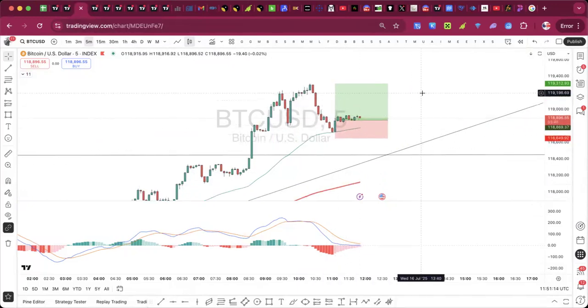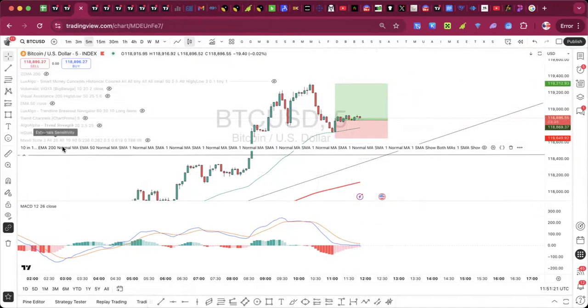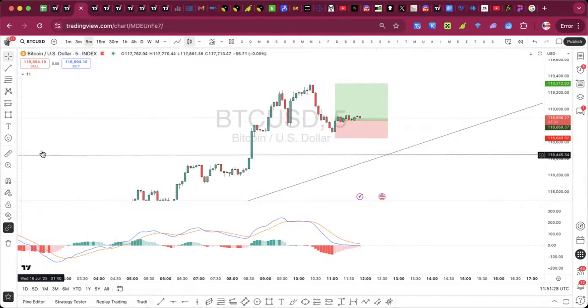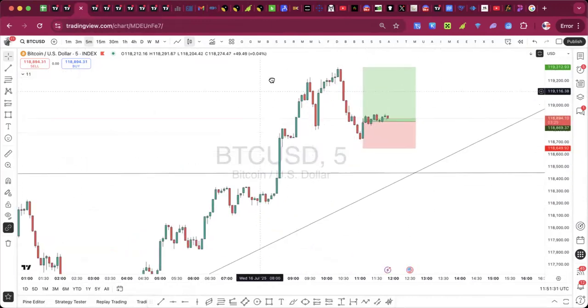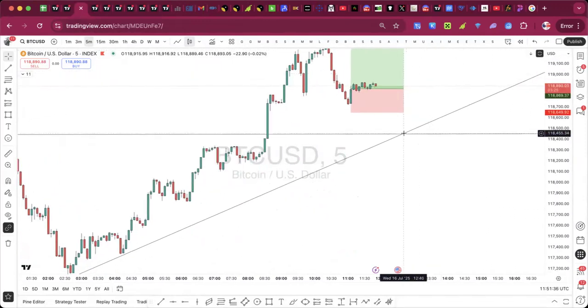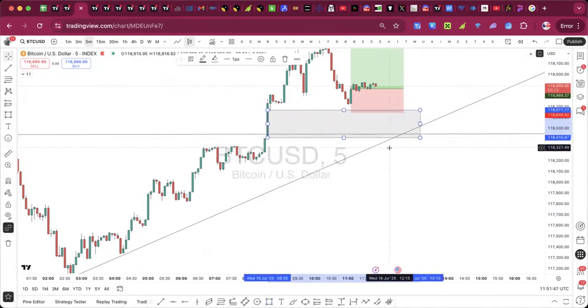But remember what I said: ordinarily, if all things are equal, this market has some liquidity to be grabbed below, and of course liquidity to continue trading above. So the potential is that this market can return back to this point. Why? Because there is a gap here. That's what we call an imbalance.